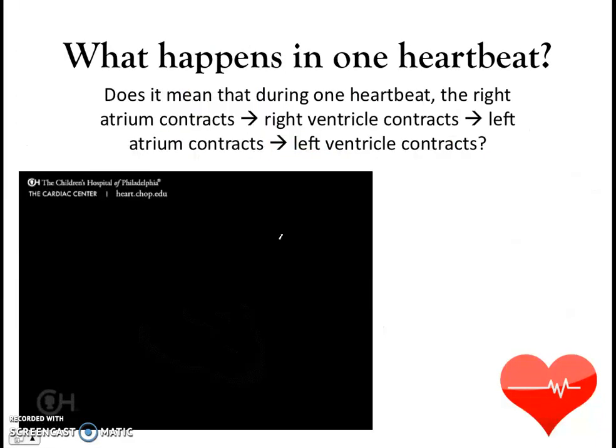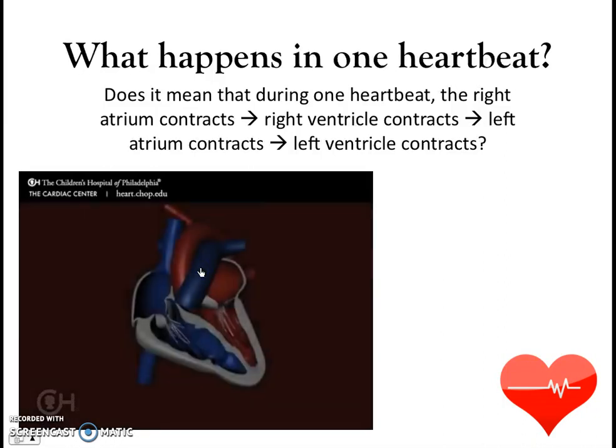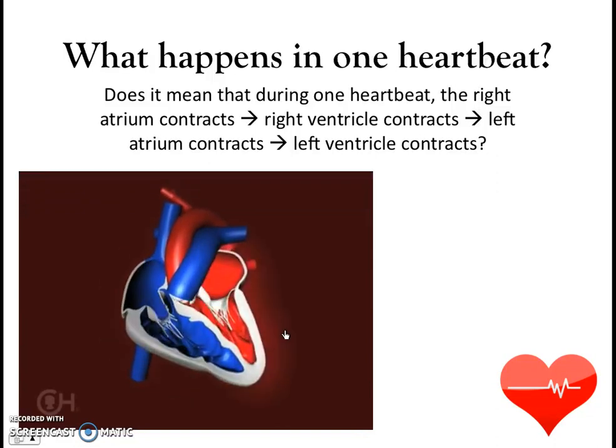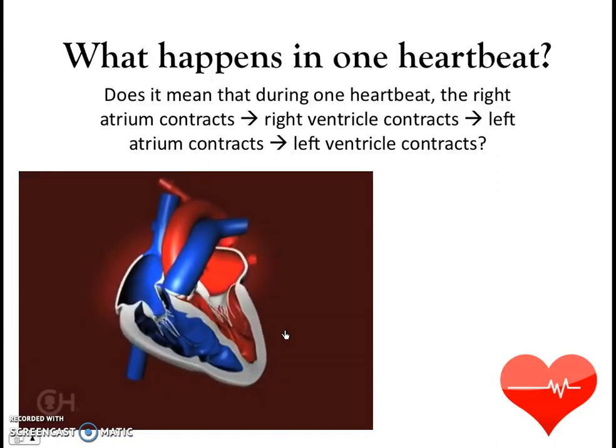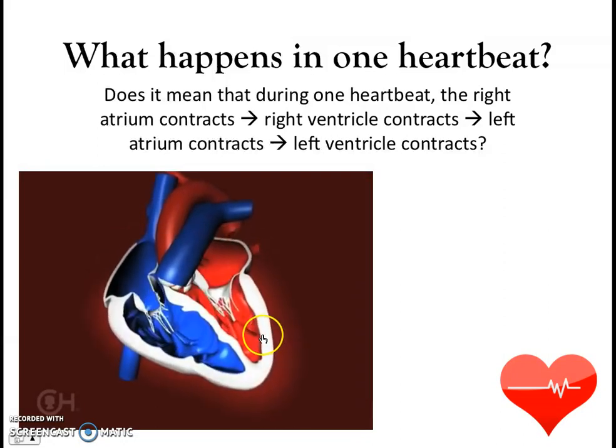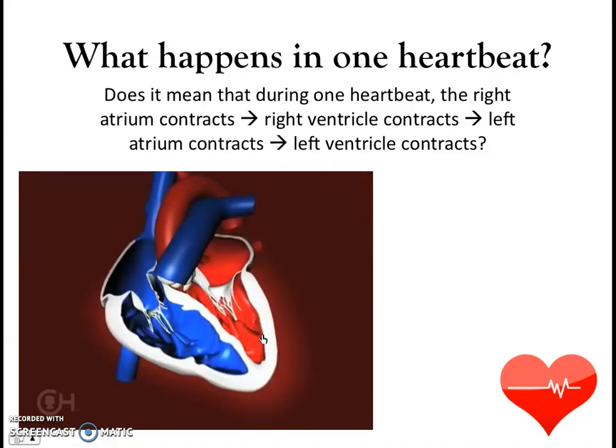So in order to find out, let's watch this very short video. So what do you observe about the way that the heart beats? Which chambers contract together? Well, hopefully you realize that this idea here is not exactly right.